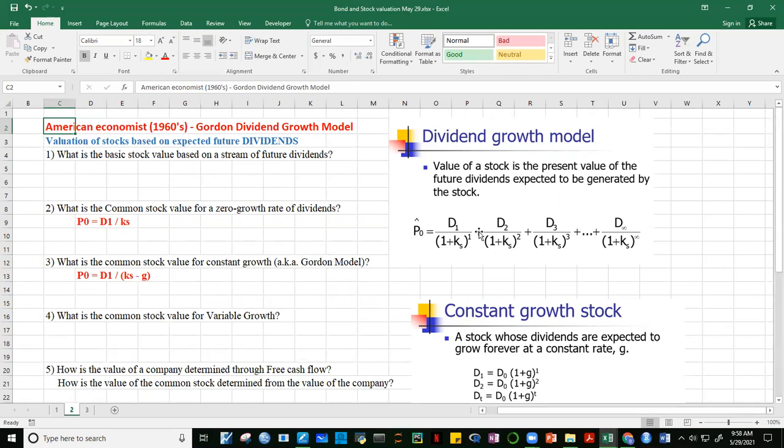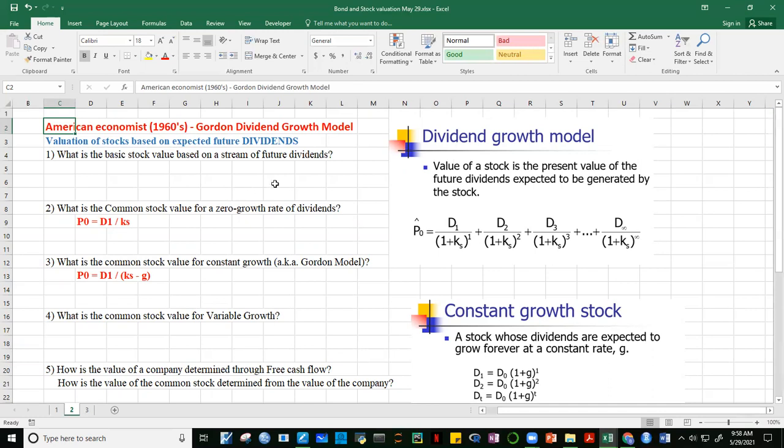So what we do here is we just discount the dividends. So we know this formula, guys. D1 over 1 plus K sub S to the first power. K sub S is the required return for your stock. So this is just the discounted value of D1. This is actually the present value. We just add all the present values to get the price of the stock.